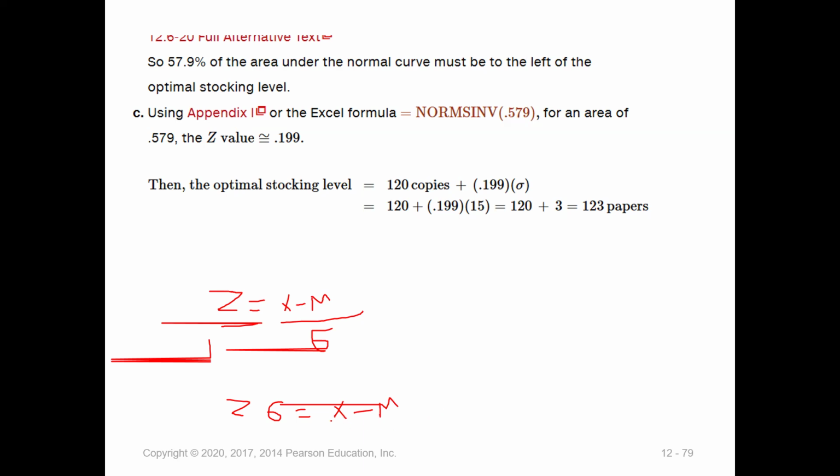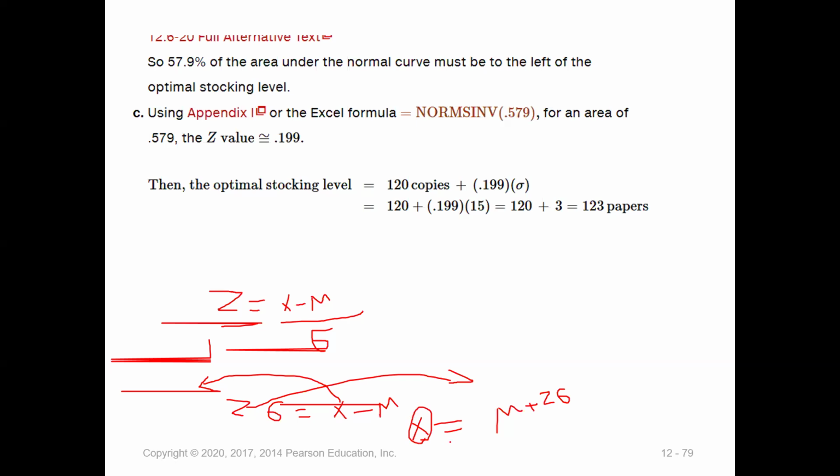If you take X to one side and Z sigma to the other, you will have X equal to mu plus Z times sigma.